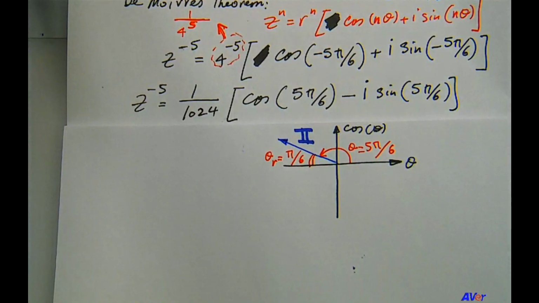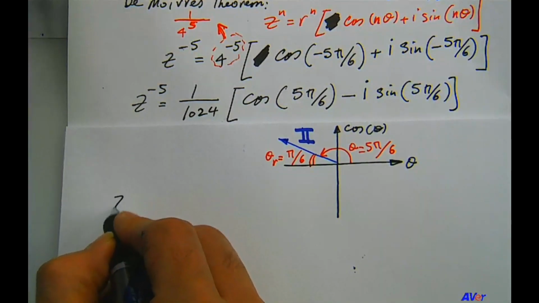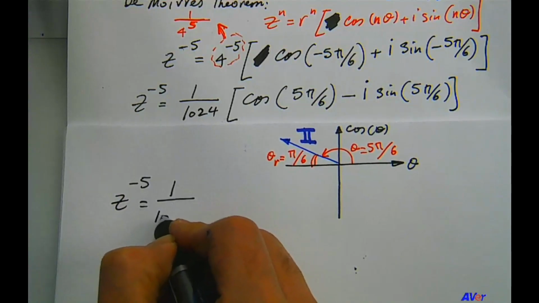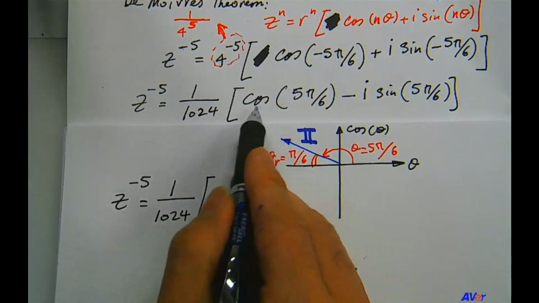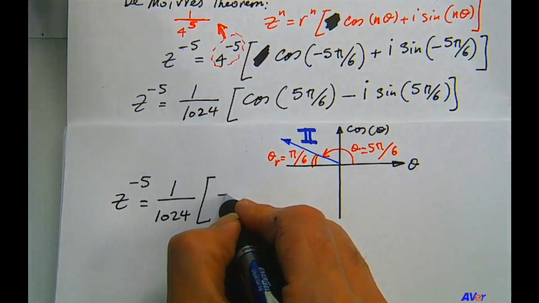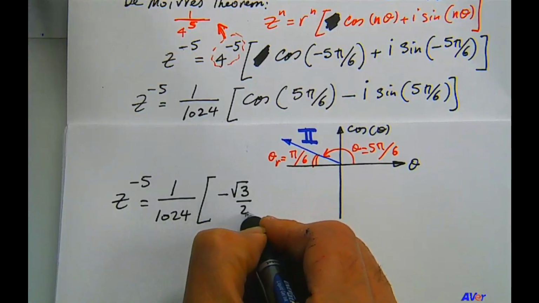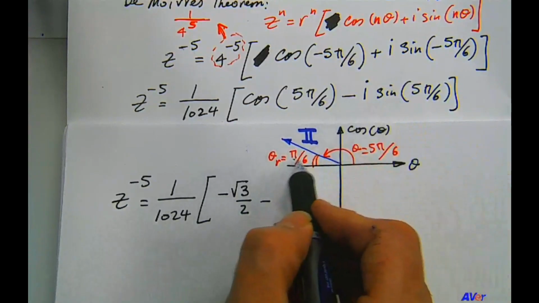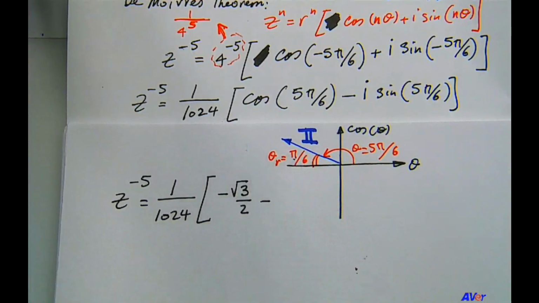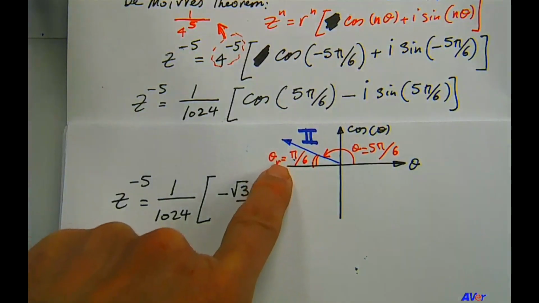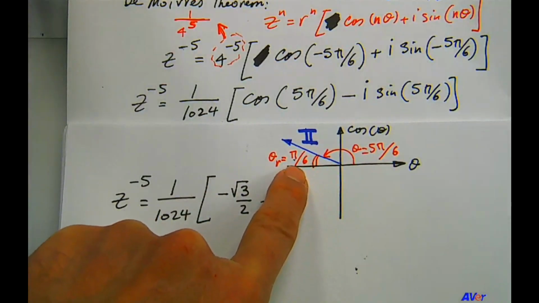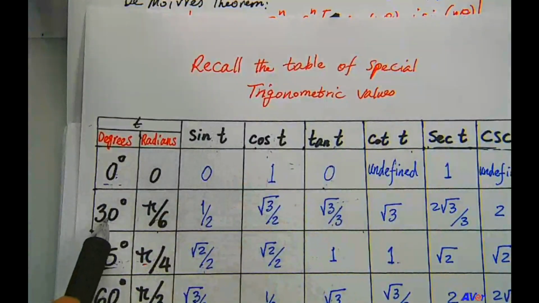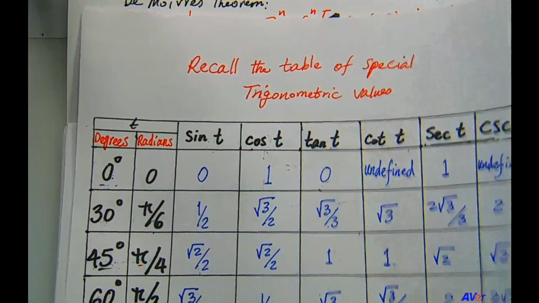So let's write that down. Continuing, we have z to the negative 5 power equals 1 over 1024 times minus square root of 3 over 2. Now here, minus sine of pi over 6. The reference angle for 5 pi over 6 is pi over 6. We can look that up. Sine of pi over 6 is 1/2. But what is the sign?